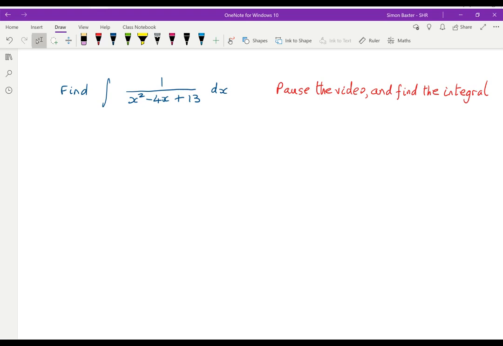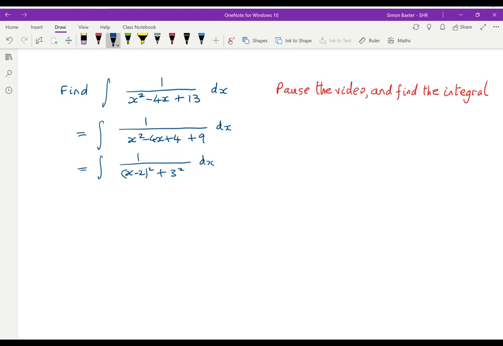Well, did you manage that? I don't know what you did to start with. You might have gone straight for completing the square because of what we've just been doing. X squared minus 4x plus 13 becomes x minus 2 squared, which means plus 9. That's now equal to the integral of 1 over x minus 2 squared plus 3 squared dx. Well, we know that 1 plus sinh squared is cosh squared, but we've got no square root sign.